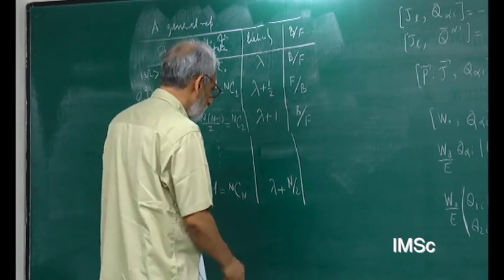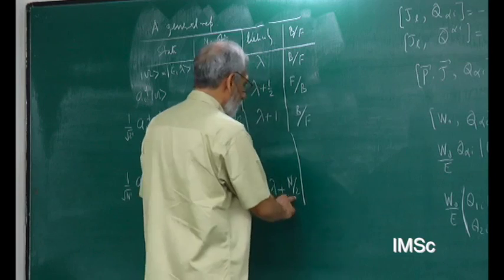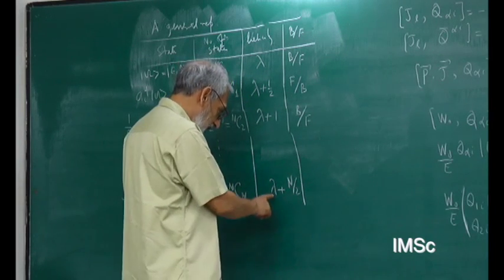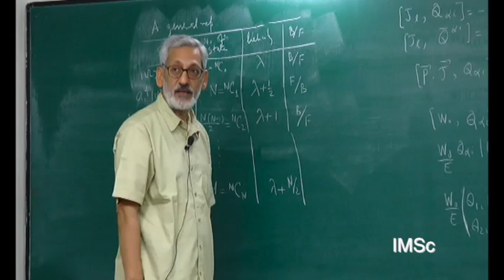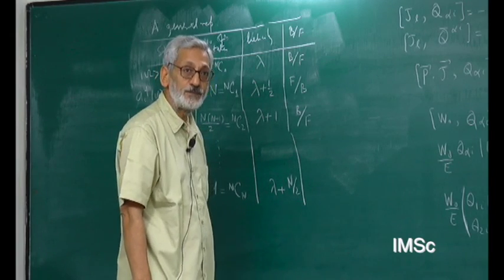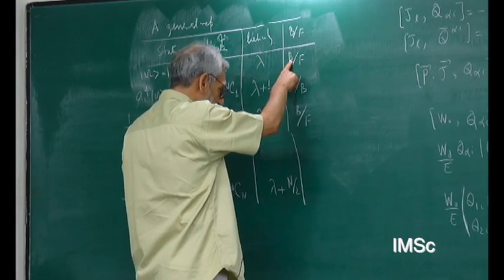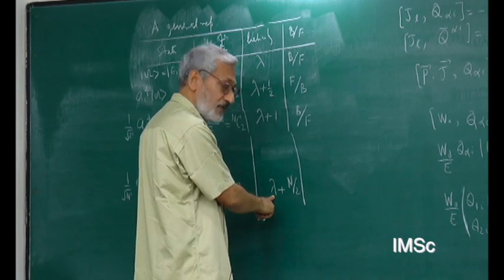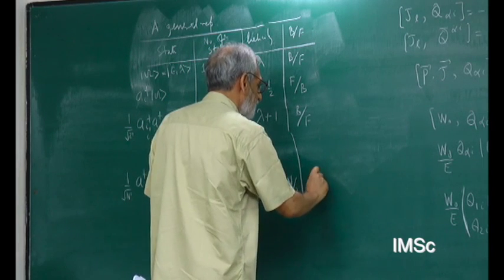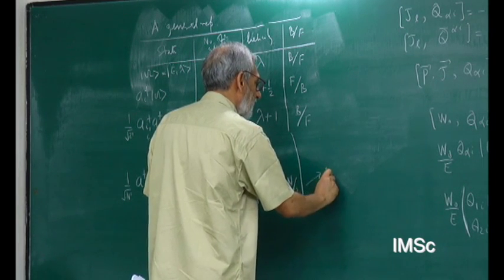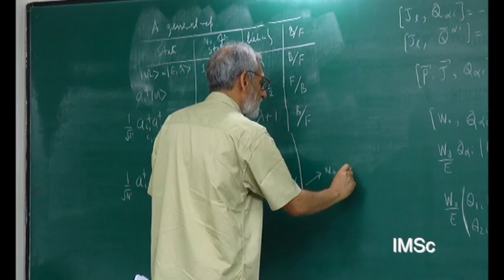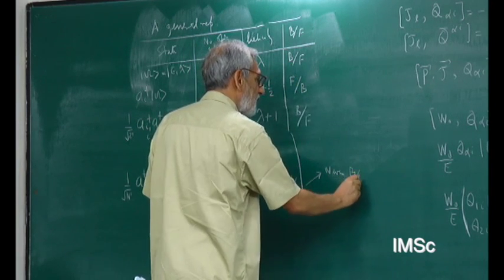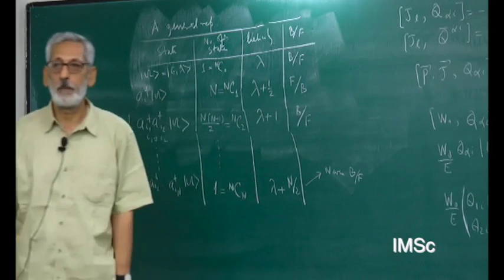Now, is this a boson or a fermion? That will depend on what lambda is. That will depend also on whether n is even or odd. So if this was a boson, that means this is an integer, then for n even, it's a boson if the starting was a boson, and it's a fermion if the starting was a fermion.